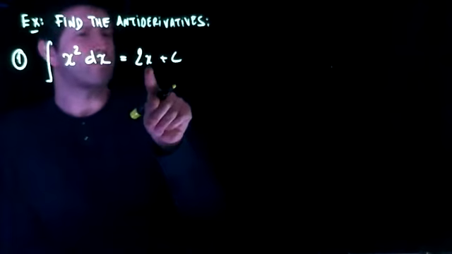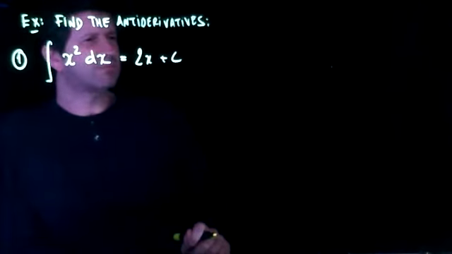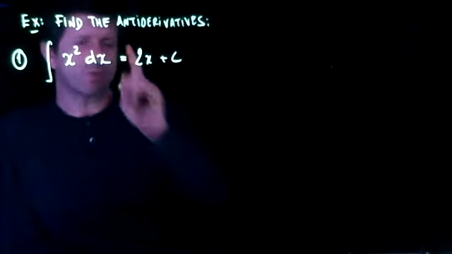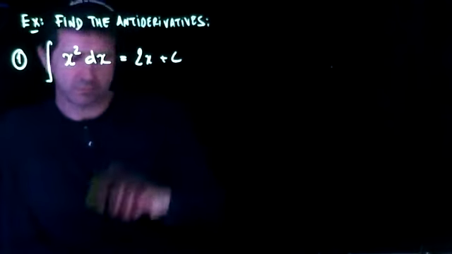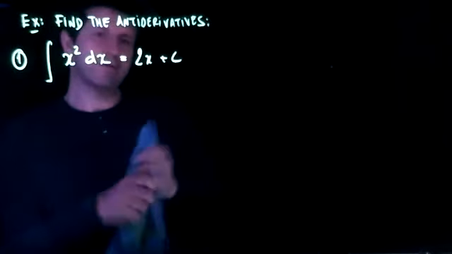If I do the derivative of 2x, what do I get? I get 2, no? So that's not good. Remember, what should I derive to get x2? x cubed over 3 plus c.